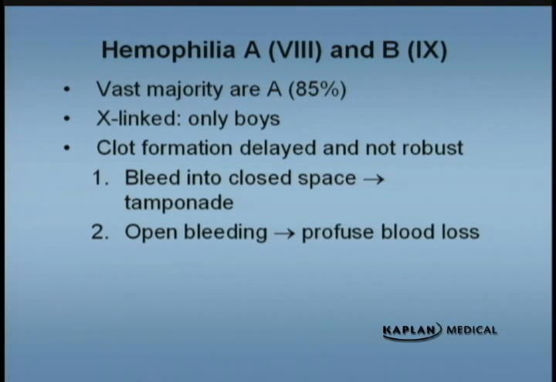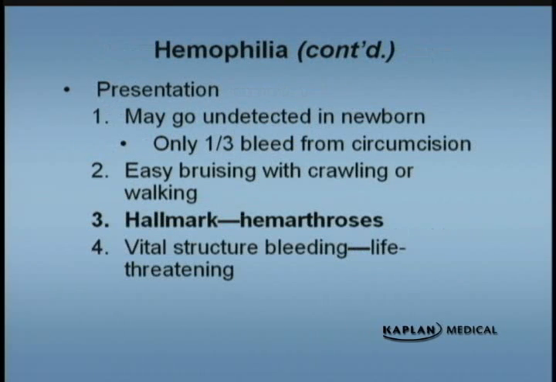So again, the hallmark of hemophilia A and B is going to be hemarthrosis, spontaneous bleeds into the joints. If they bleed into a closed space, it pretty much limits itself and tamponades itself. If they're bleeding into an open space, you can have severe blood loss.